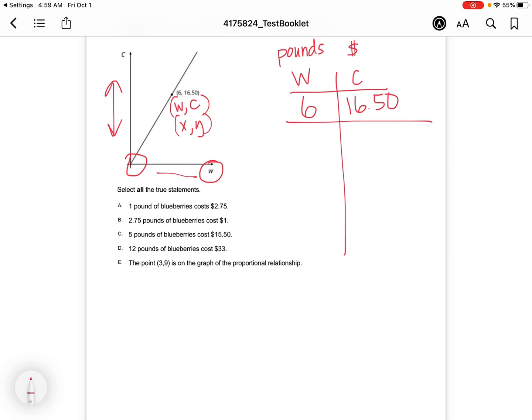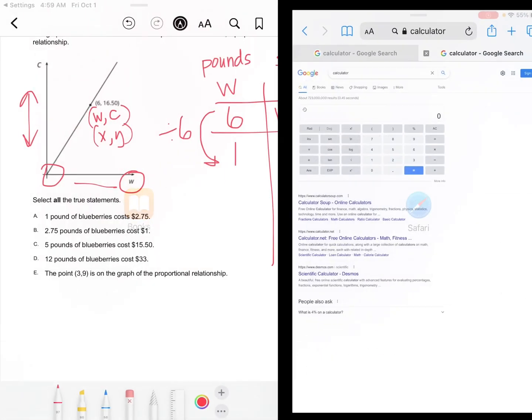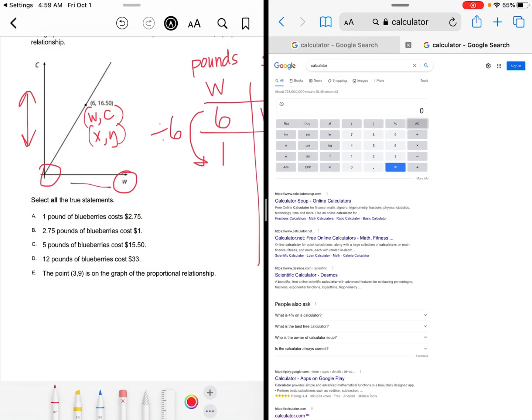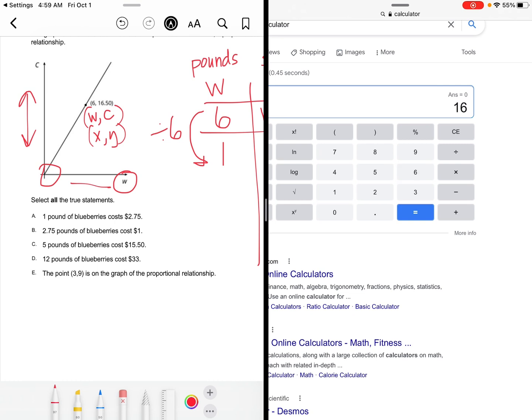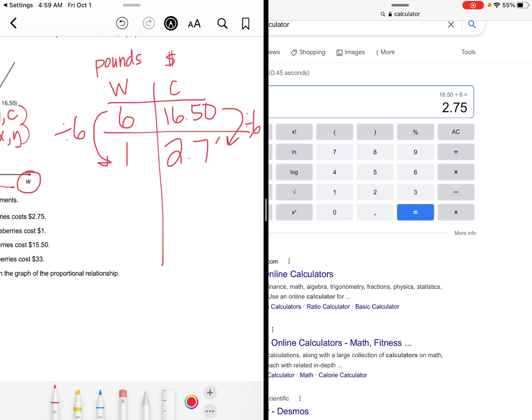So it says 1 pound of blueberries. Let's find for 1. So I divide by 6. So $16.50 divided by 6, I get $2.75.